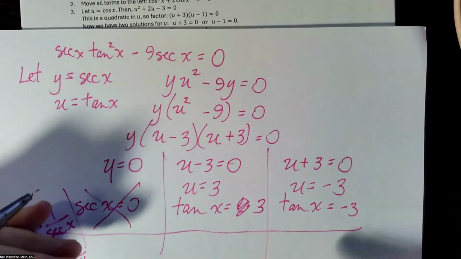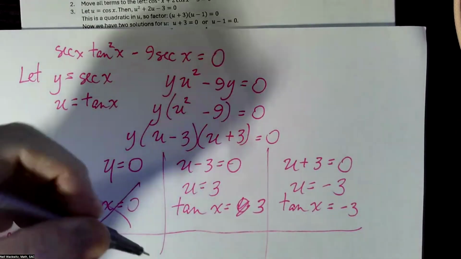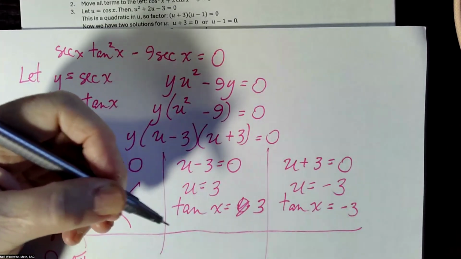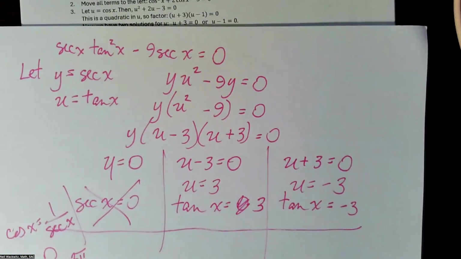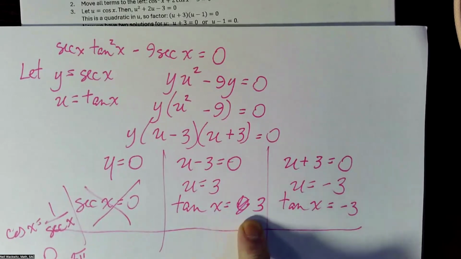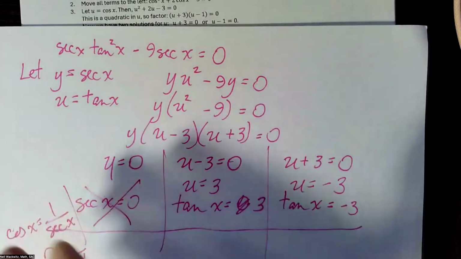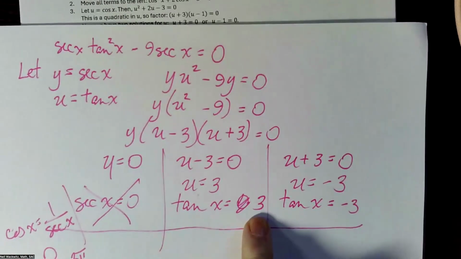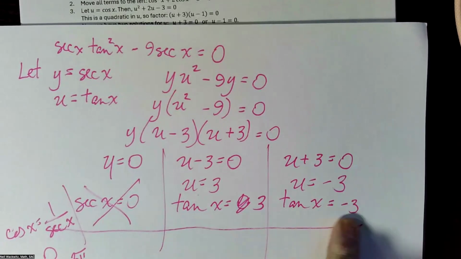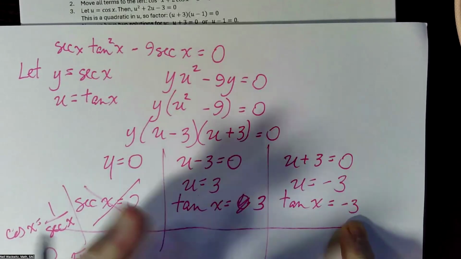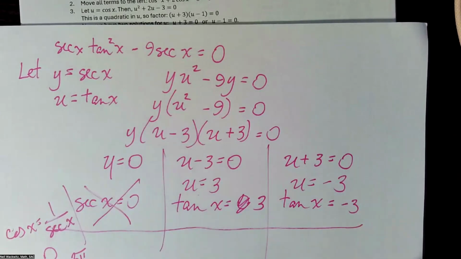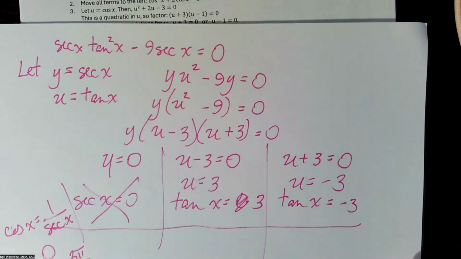And that is possible. So to write the solutions for those, we get to draw triangles. So tangent is positive in the first and, oh, this isn't using inverses. So just the first quadrant, and tangent x is negative only in the fourth quadrant because we're looking at functions that might be invertible.